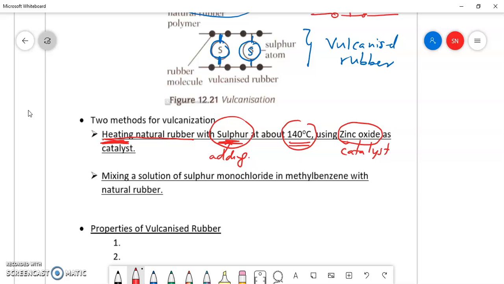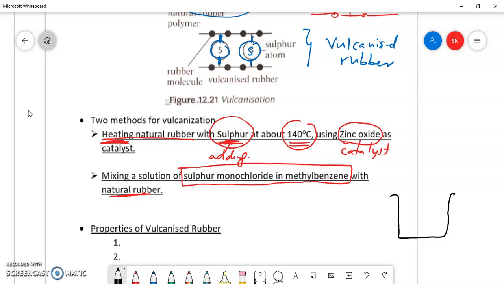The second method is mixing a solution of sulfur monochloride in methyl benzene with natural rubber. The name is quite long. It will look something like this: we have a beaker, and inside the beaker is the solution of sulfur monochloride in methyl benzene, in liquid form.